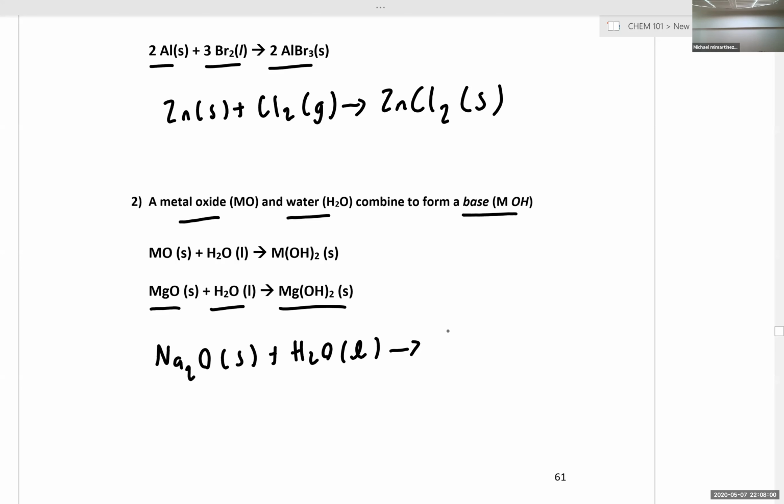Sodium hydroxide, exactly right. Remember that your equations need to be charge balanced, so we'd make two sodium hydroxide molecules. Because sodium has a +1 charge, hydroxide has a -1 charge, we cross our charges.